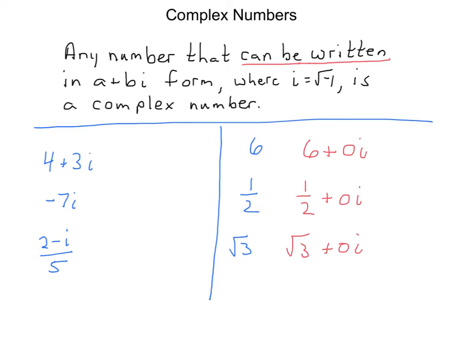Every number is a complex number. Let me repeat that. Every number is a complex number. You cannot identify a number that would not be a complex number, because as long as it can be written in that form, it is a complex number. So if you don't see an i, you can just say, oh, plus 0i.